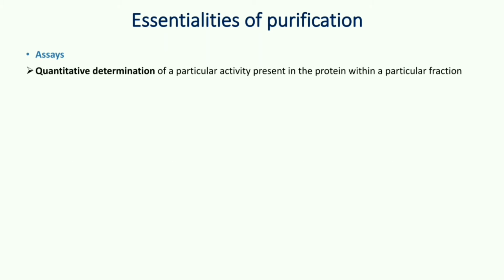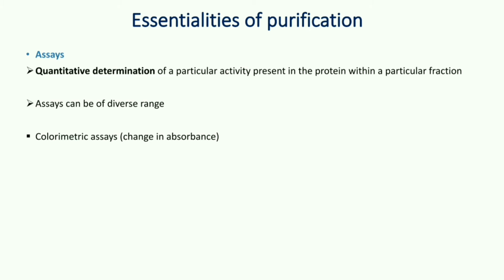Assay. Assays are quantitative determinants of a particular activity which is present in a particular protein within a particular fraction. One can carry out a diverse range of assays, such as a colorimetric assay, which is based on changes in absorbance.